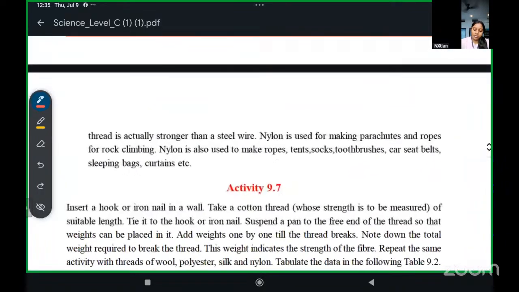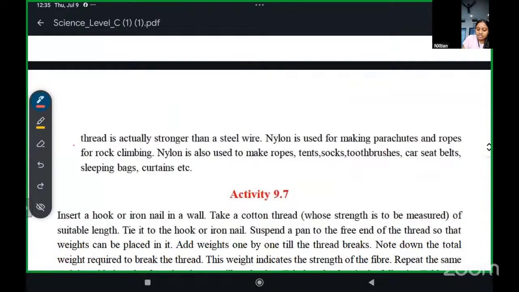A nylon thread is actually stronger than a steel wire. And with nylon, we make some things such as parachutes. Have you seen that material, which is lightweight, shiny, and slippery, in some raincoats and these things?